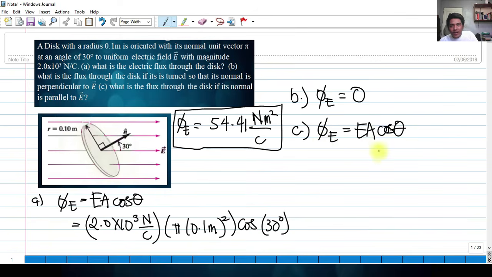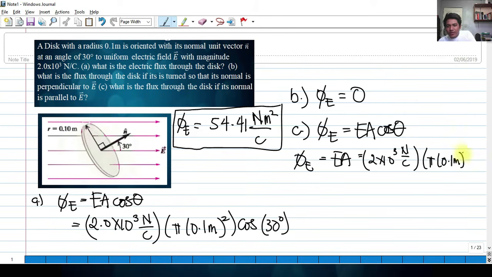Cosine 0 is simply 1, so our formula is now reduced to EA. Our electric field is 2 times 10 raised to 3 Newton per coulomb multiplied by the surface area of this disk, pi times 0.1 meter squared.